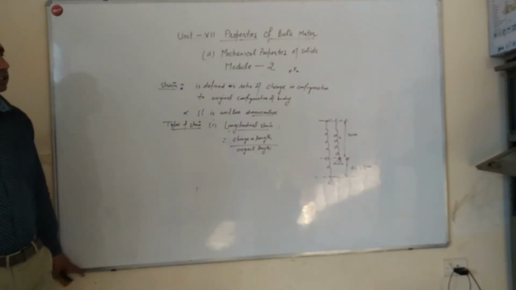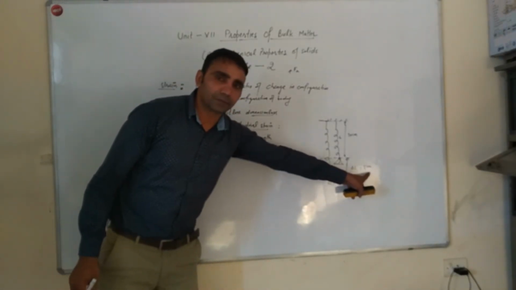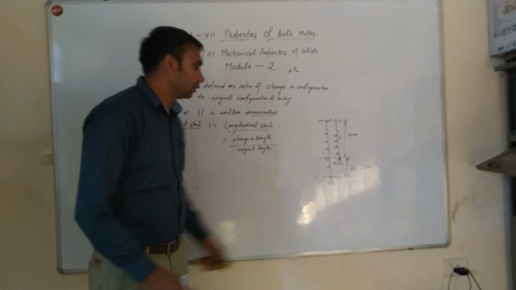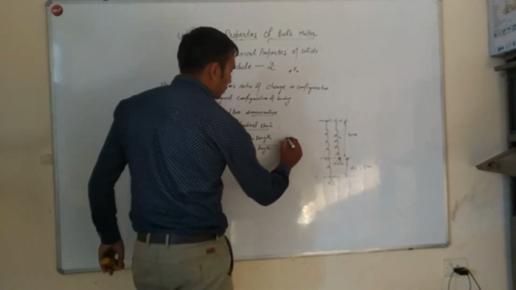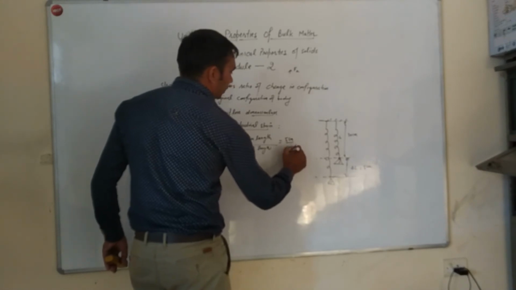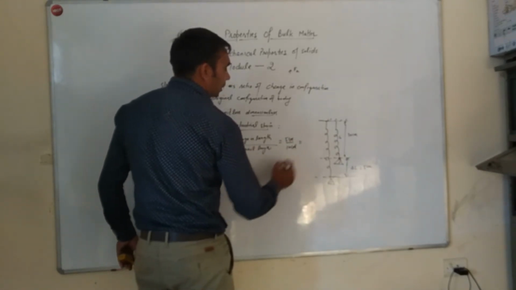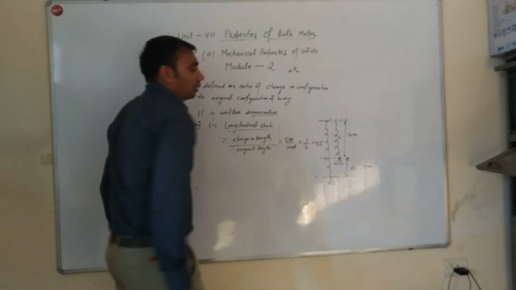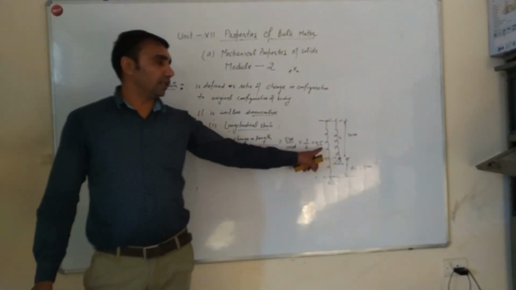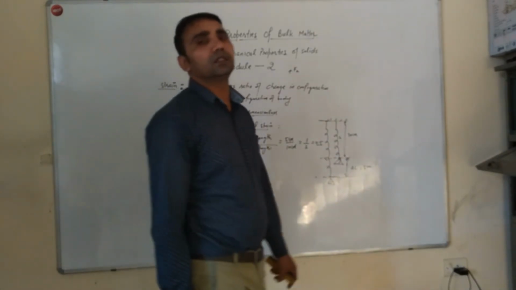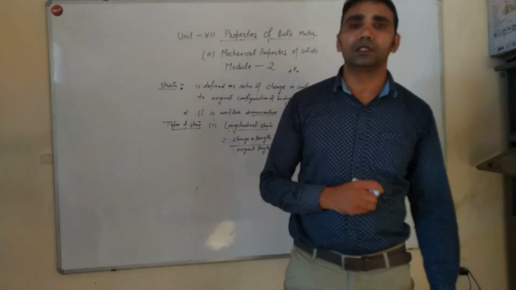Change in length is 5 centimeter after applying load, and original length is 10 centimeter. So 5 centimeter divided by 10 centimeter is 1 by 2, that is 0.5. This number is unitless and dimensionless. So all types of strain are unitless and dimensionless.